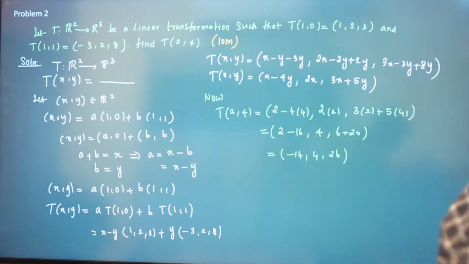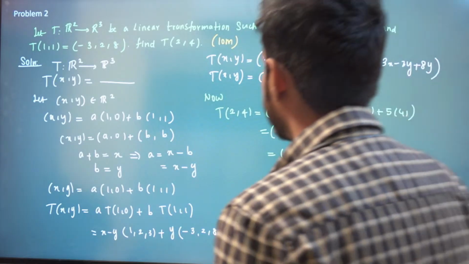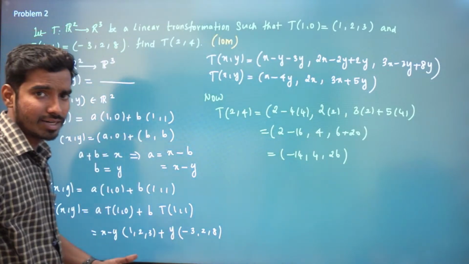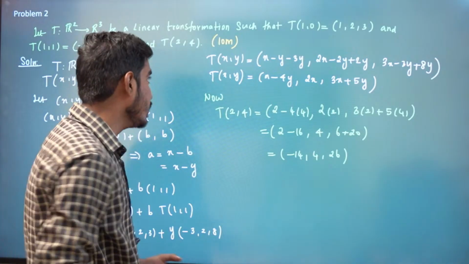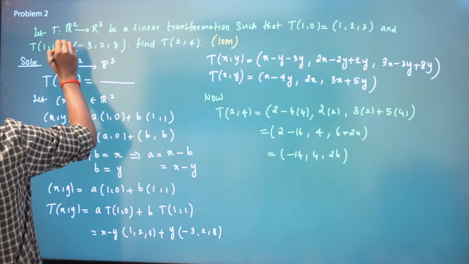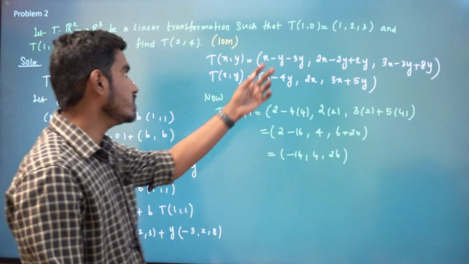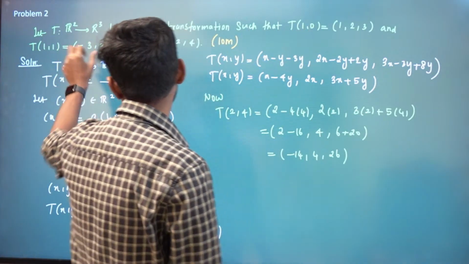They are given T, we know that T is a linear operator, right? That linear operator takes (1, 0) to (1, 2, 3) and (1, 1) to (-3, 2, 8). You find explicitly what that map is. How to find that map? You take any (x, y) in the domain, then that can be expressed as a linear combination of basis vectors. What are our basis vectors here? (1, 0) and (1, 1).